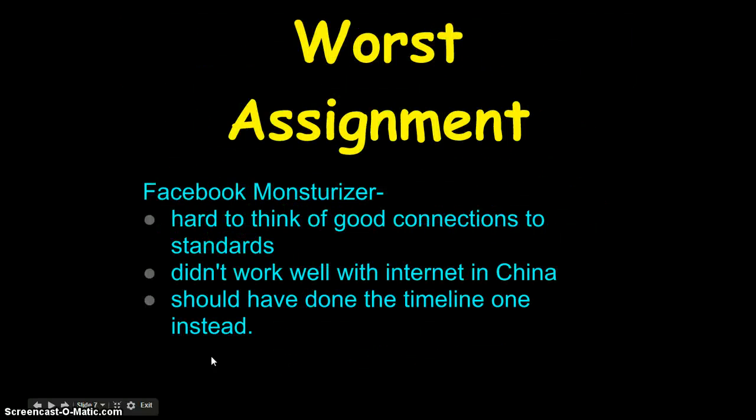I'd say my worst assignment was a Facebook monsterizer. It was just really, really hard for me to think of good connections to the standards. It didn't really seem to have a whole lot of usefulness or meaningfulness for my students or for myself. And it was really hard for me to get it to work in China because I have to have a VPN on to do Facebook, but I can't have the VPN on to do visual.ly.